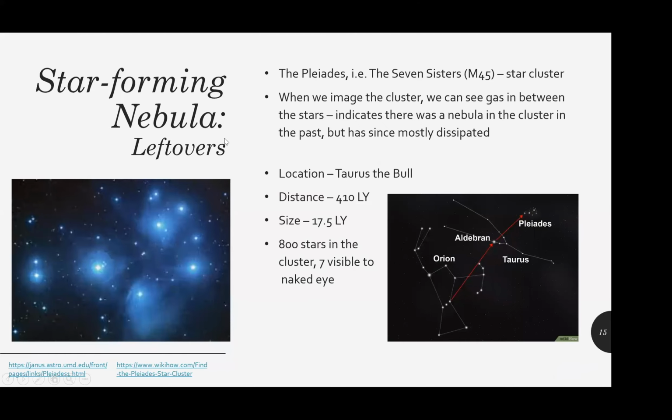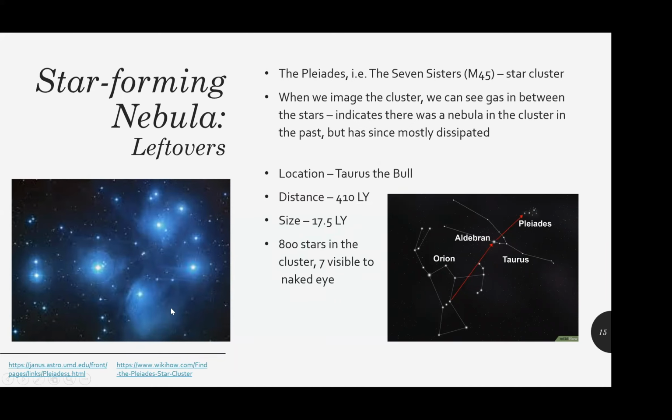And actually, some of you might be familiar with the star cluster the Pleiades, also known as the Seven Sisters. We think this had once been formed by a star-forming nebula.